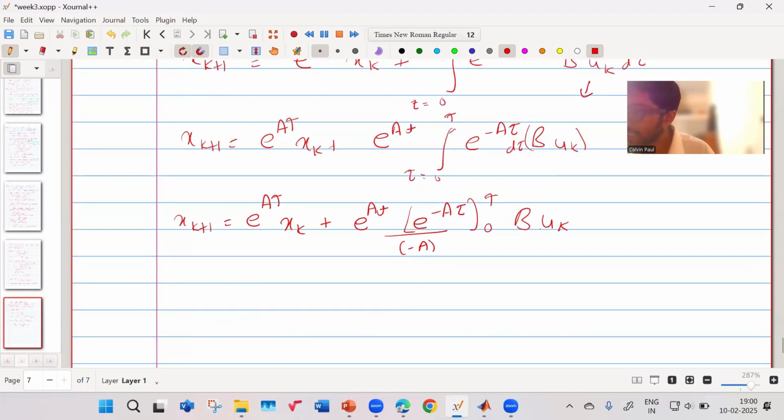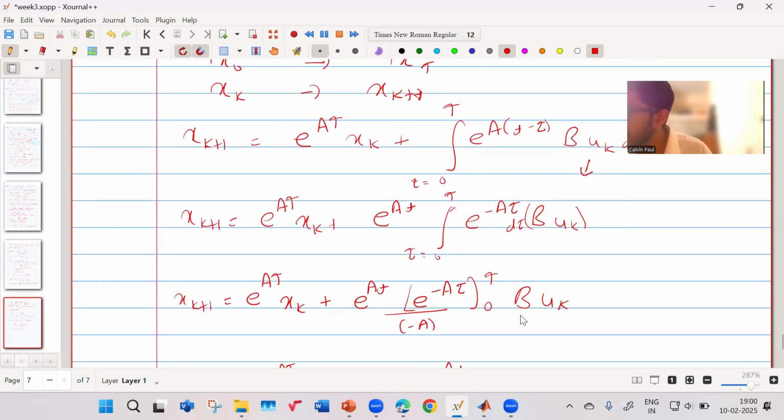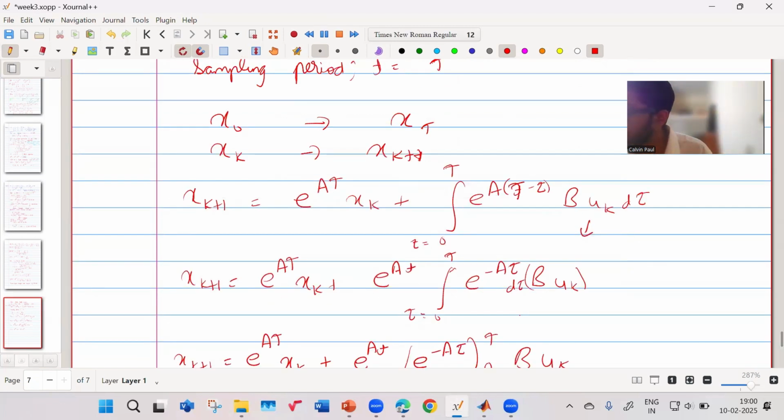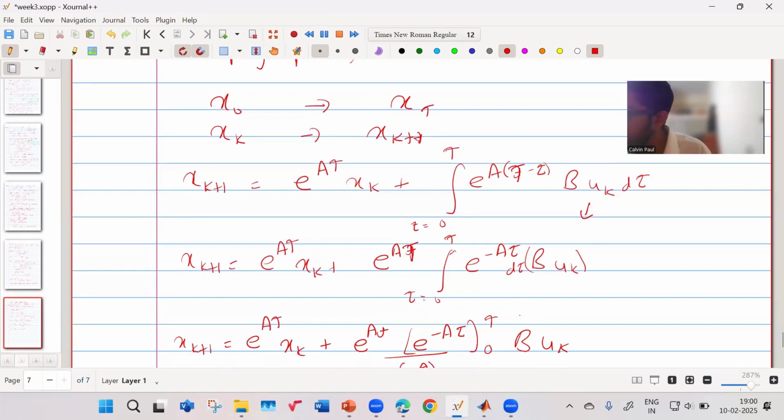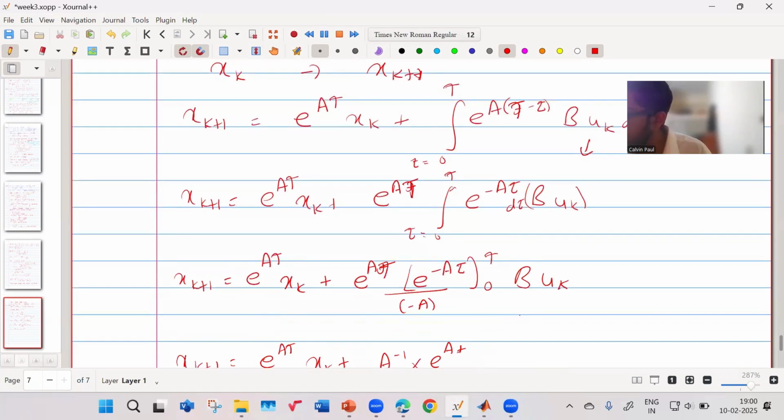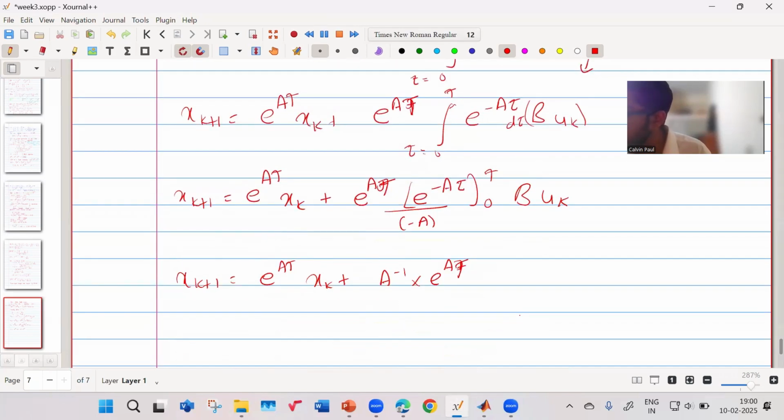So that x(k+1) actually is e to the power A T x(k) plus A inverse into e to the power A T. Sorry, it should be capital T over here, capital T into e to the power minus A τ, 0 to T, B of u(k).